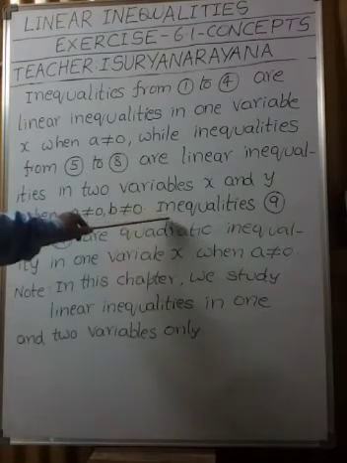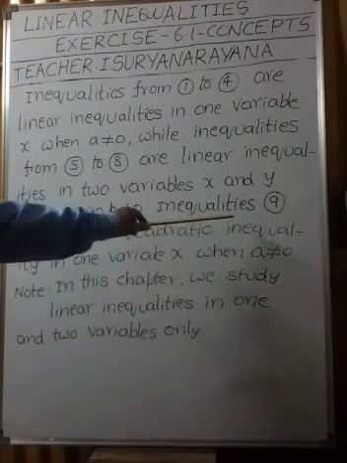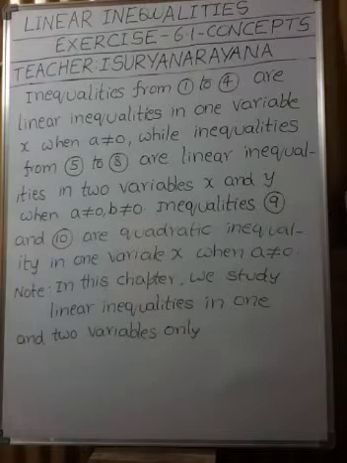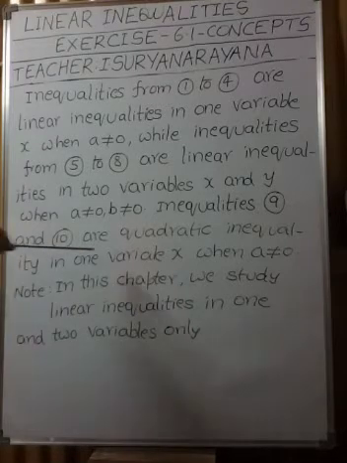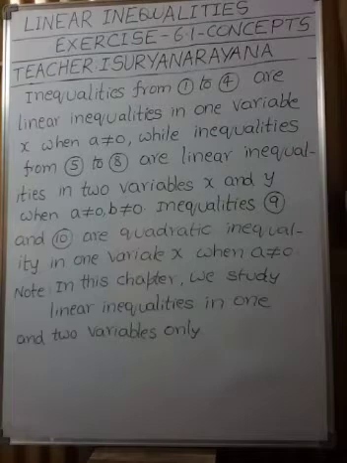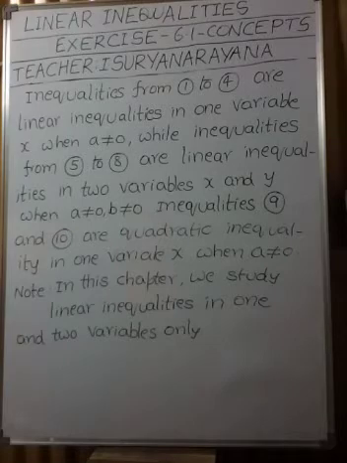Right. Now come to this point. Inequalities 9th and 10th, the last two inequalities in the above list, are quadratic inequalities in one variable x. If you observe the inequality, the algebraic expression is a quadratic expression in x. Isn't it, my dear children?